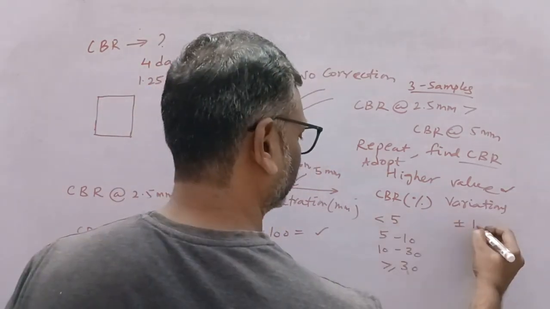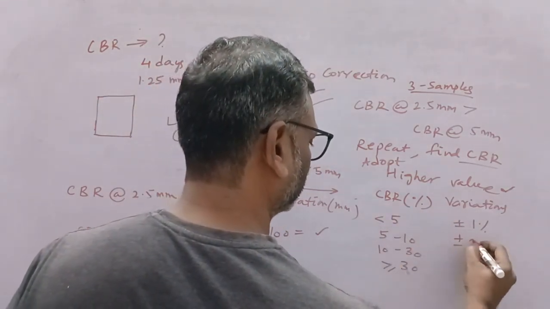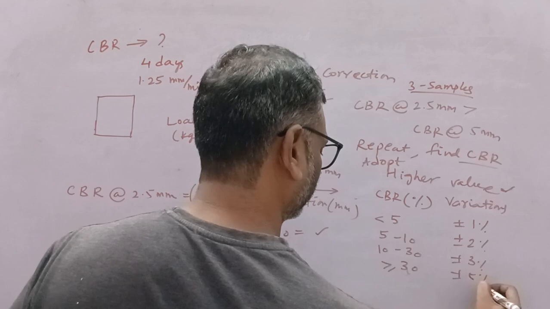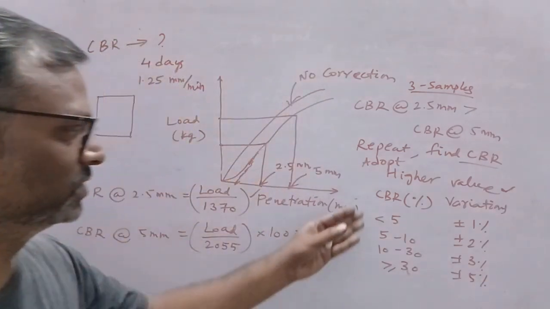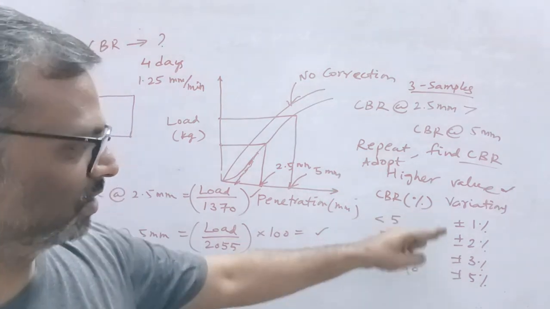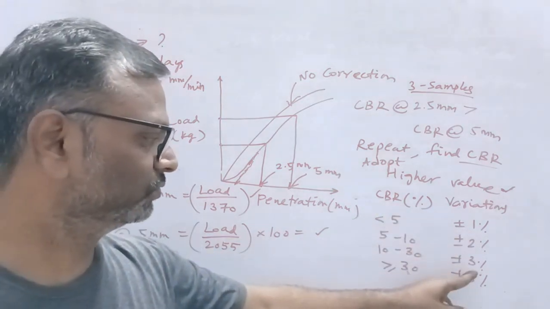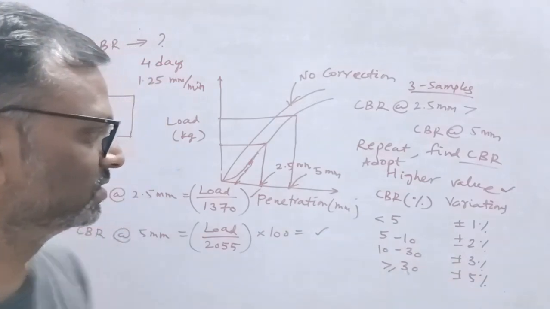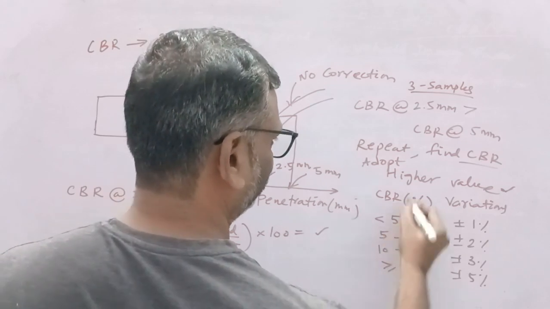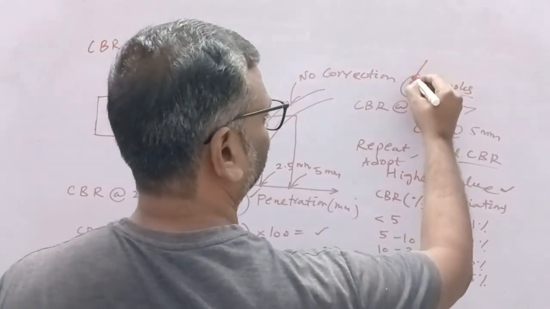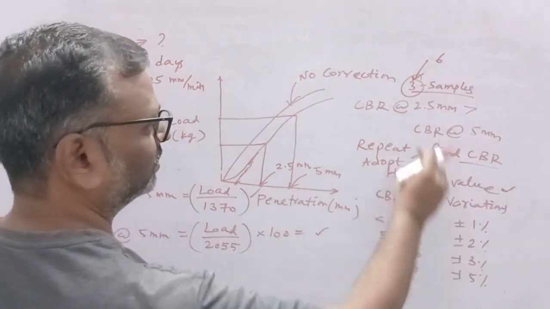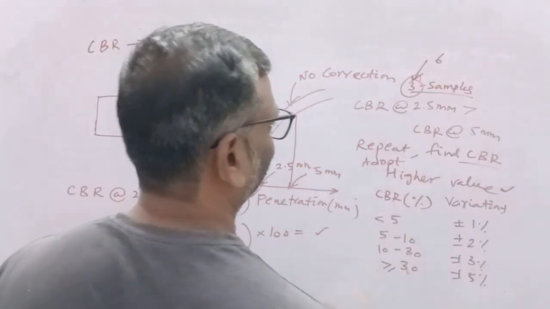It should be within limits. Depending on the CBR value, the variation should be within 1%, 2, 3 and 5, depending on this. And if the variations are higher, then the samples should be 6, not 3. If the variations are too much, take 6 samples and make the average of that.